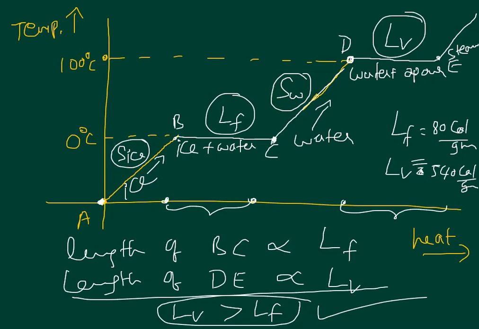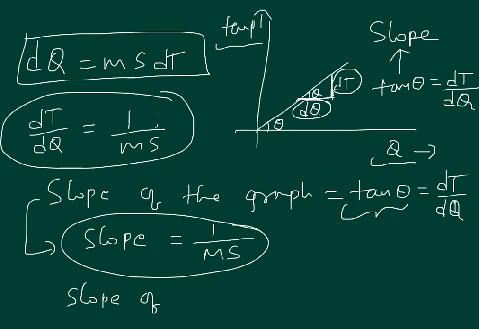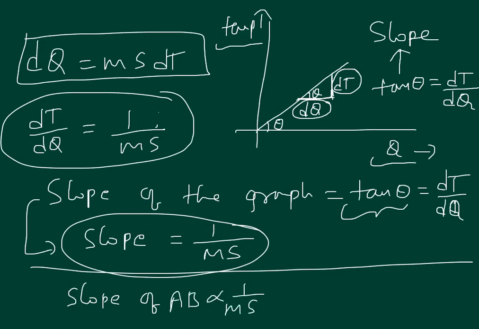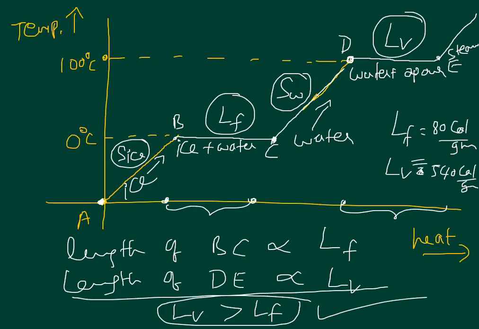Let me write that down. The slope of AB in that previous graph is directly proportional to 1 by mass into specific heat of solid. A to B is ice, solid, and C to D is liquid, water.